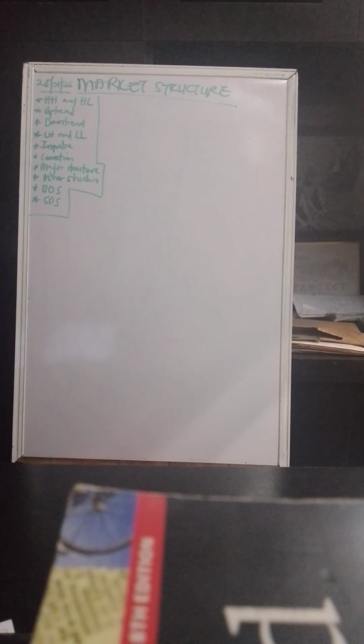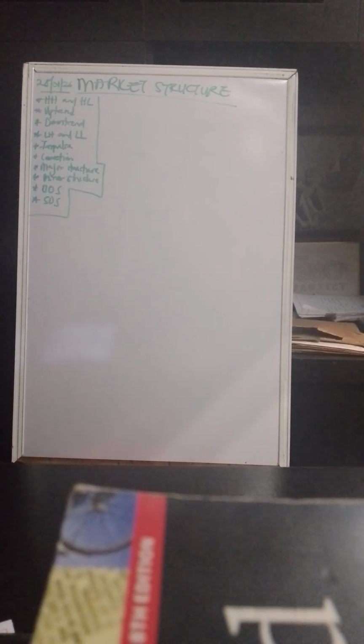So from an uptrend and from a downtrend, you can understand what market structure is all about and what a chart is telling us. Now, an uptrend can be defined as an upward movement of the market, a movement in the direction of the sky, while a downtrend is in the direction of the earth. Very simple.